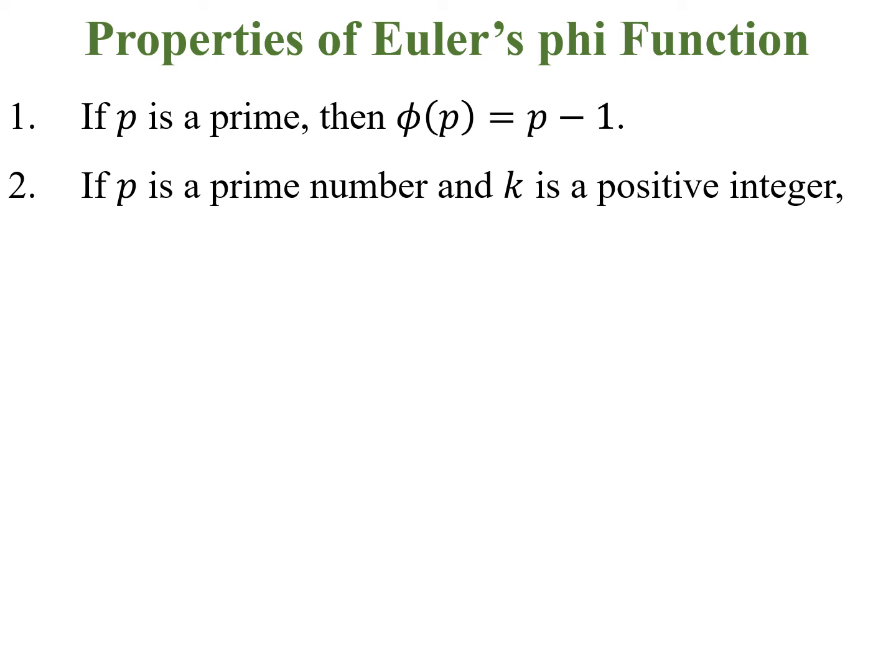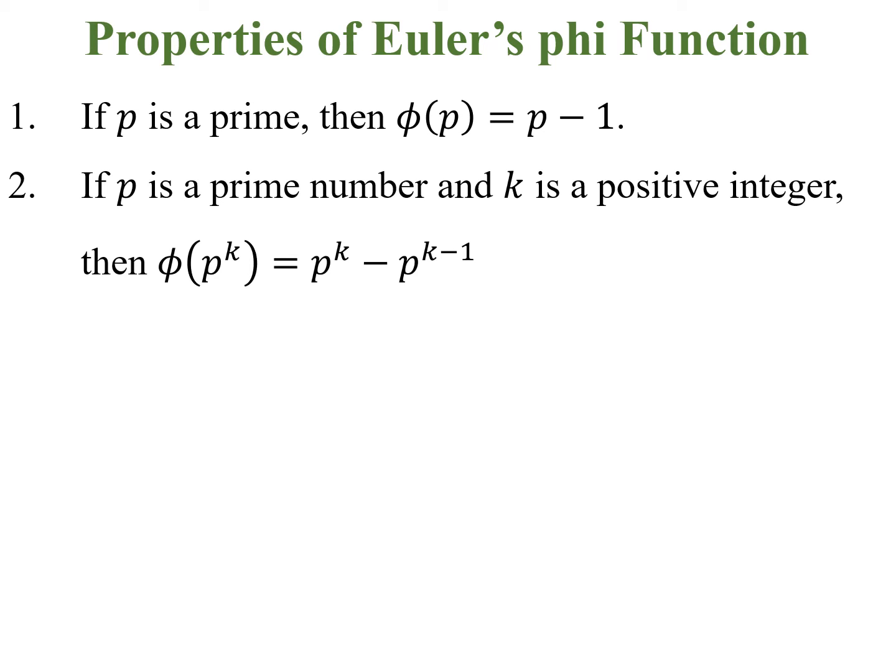Next property: P is a prime number and K is a positive integer, then phi of P raised to K is equal to P raised to K minus P raised to K minus 1. This is again a very nice formula to get the Euler's phi function of a prime raised to any positive integer.